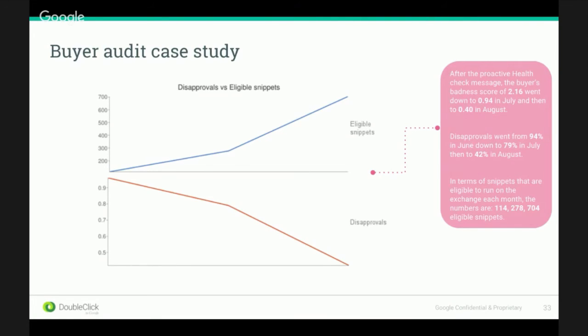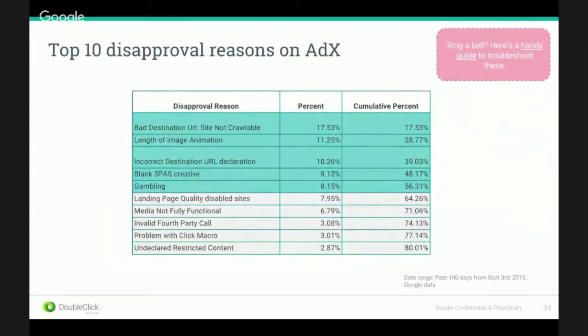Okay, so here are the top 10 disapproval reasons on AdX from the past 180 days of data, from September the 3rd. Number 1 is bad destination URL, and the site isn't crawlable. I covered this before, and we've got a case study coming up, a use case that explains some techniques you can use to avoid this.